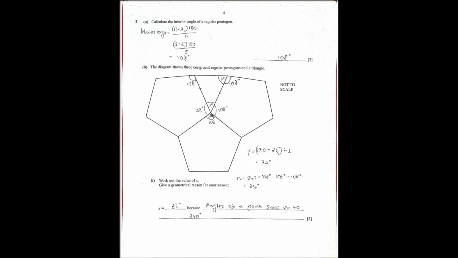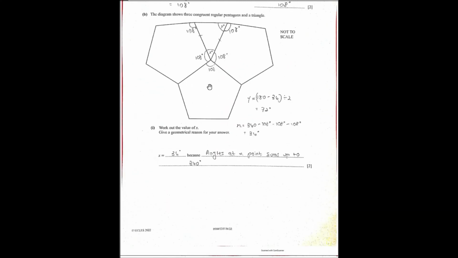So, to find our x, since we know that these three are 108 degrees each, we just have to take 360 minus 108 minus 108 and minus another 108. So that will give us 36. Reason being because angles at a point sum up to 360 degrees.